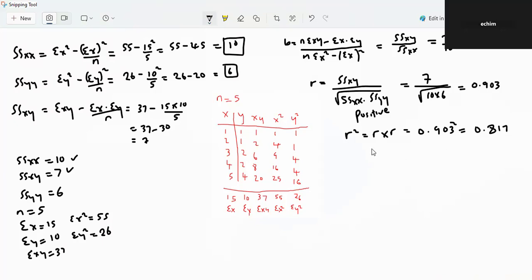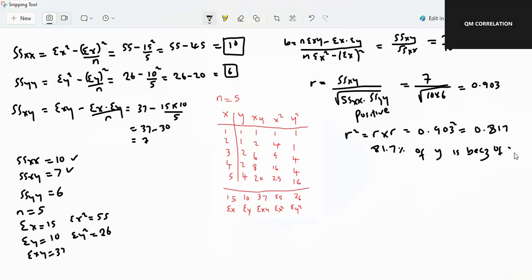Multiply by 100, which means 81.7% of Y is because of X. This is where correlation comes in. In simple language, causality is happening here. It's a strong correlation. If it's above 50%, it means there's strong correlation.